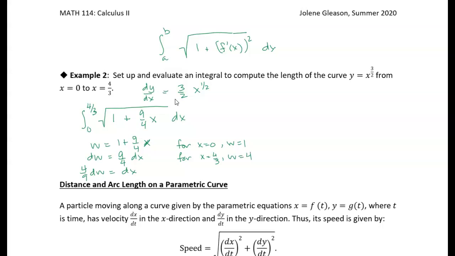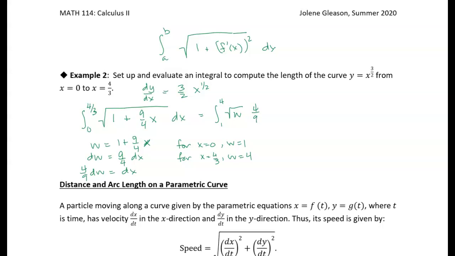So now I can just integrate this in terms of w, and I don't have to go back to x because I've also transformed the limits of integration. So I'm going to integrate from 1 to 4 the square root of w dw. Whoops, not dw, it's 4/9 dw, since dx is 4/9 dw.